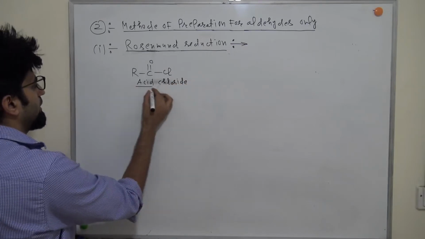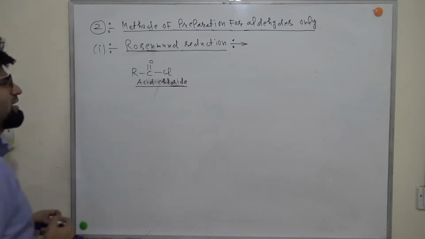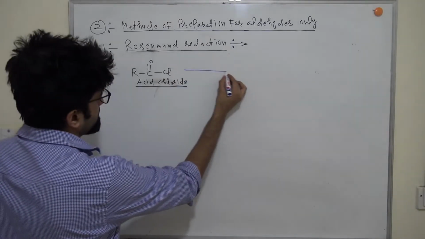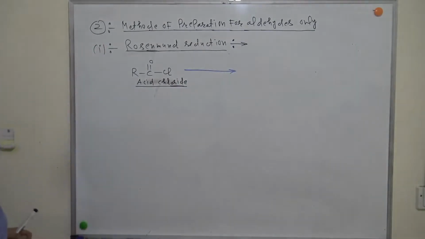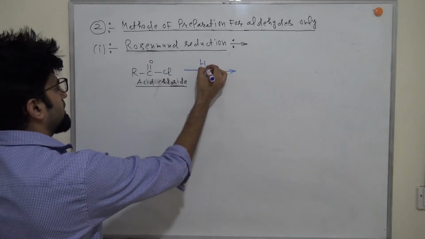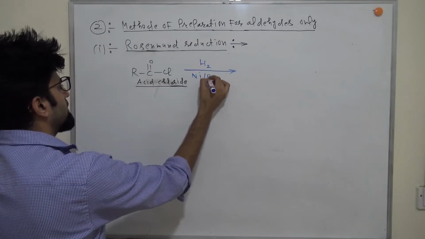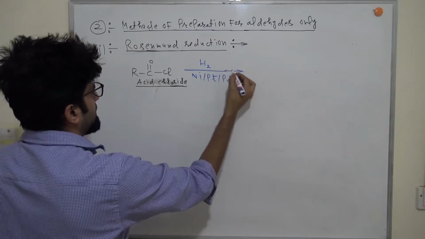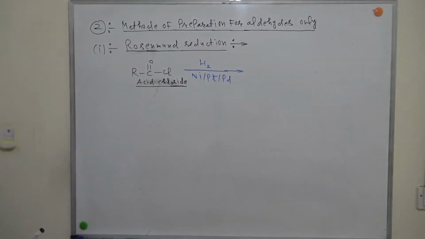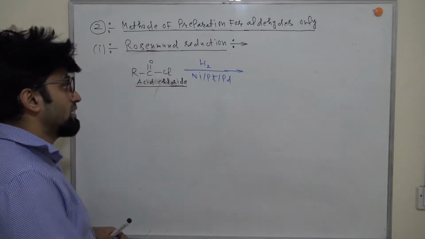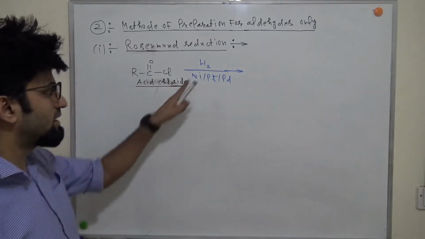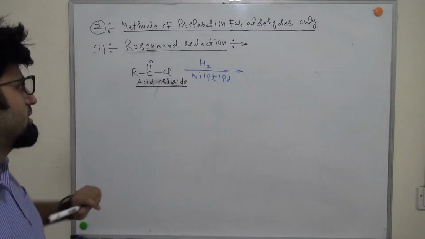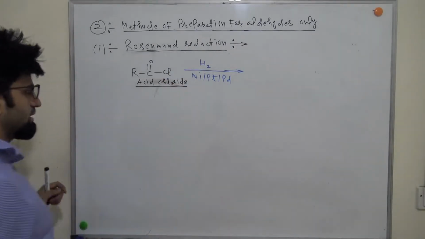Let me tell you one important thing here: if you do its hydrogenation with nickel, platinum and Pd, we learned about these reductions with hydrogen, nickel, platinum, palladium. If you do that for an acid, then the acid will change into alcohol, if you remember. This is basically a reduction.